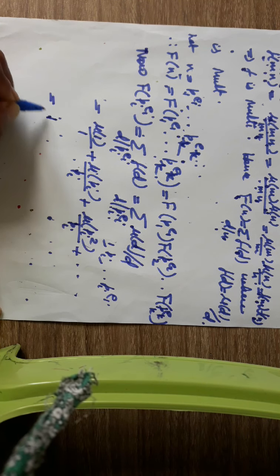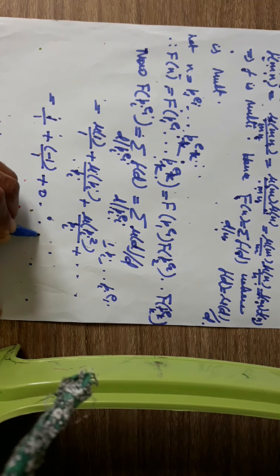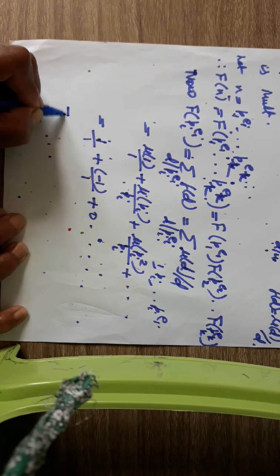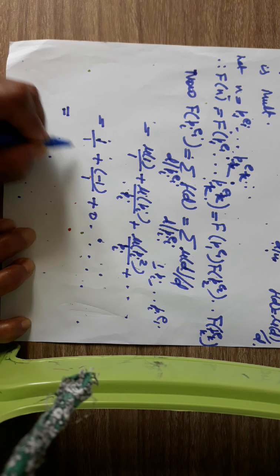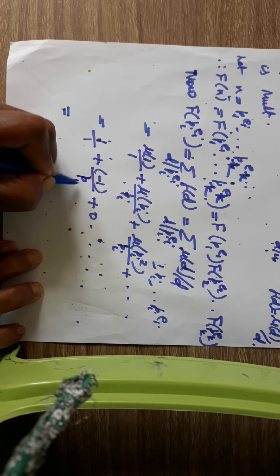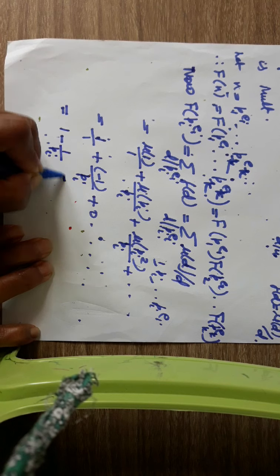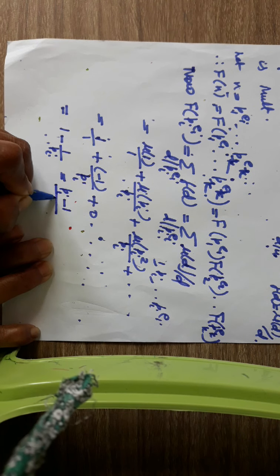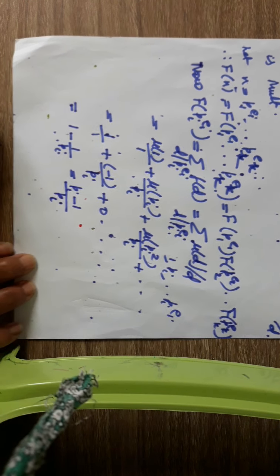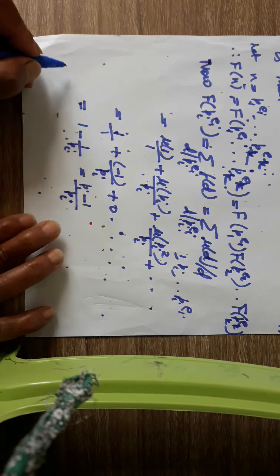So you have 1 divided by 1 plus minus 1 divided by pi plus 0 plus 0, which is equal to 1 minus 1 by pi, which is equal to pi minus 1 divided by pi. Or you can leave it as it is.